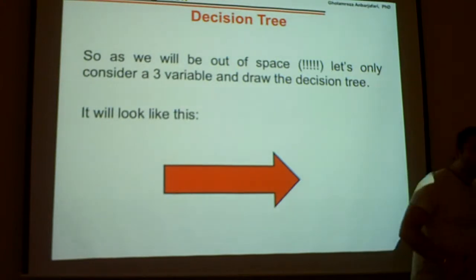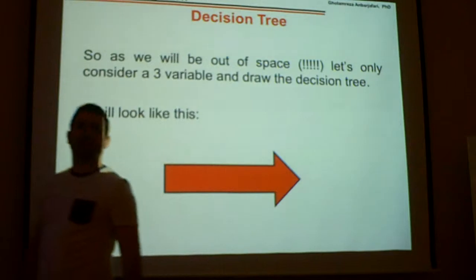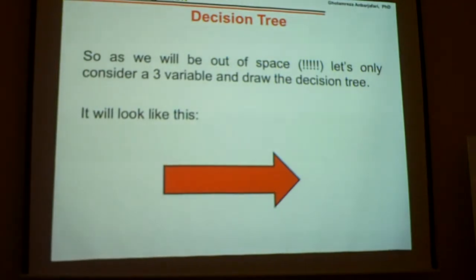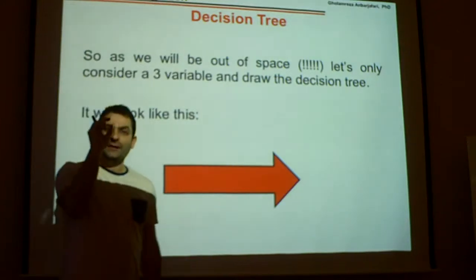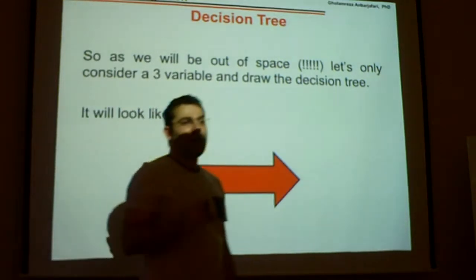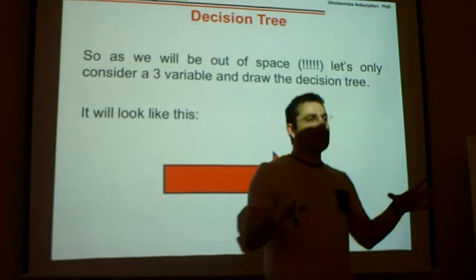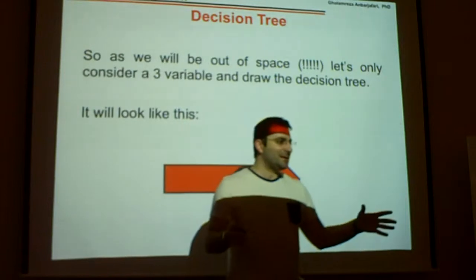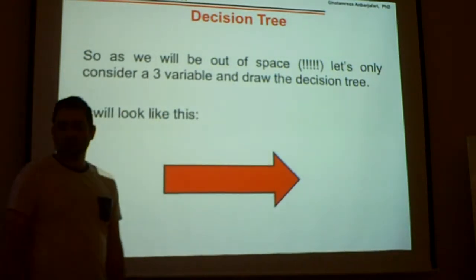Here I have enough space to draw it, but I won't have enough space to draw it for n. So I need to reduce this number. Let's do it for 3 variables, and you will see how big it is. And when I say n, basically we don't have space to draw it. So let's do it for 3.